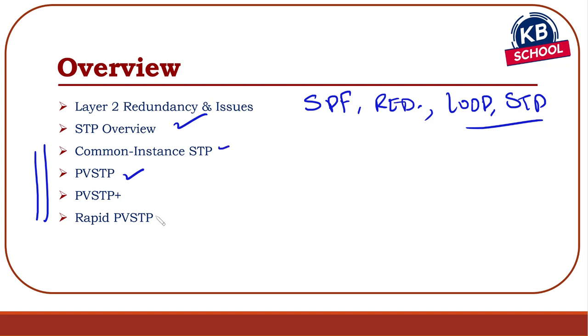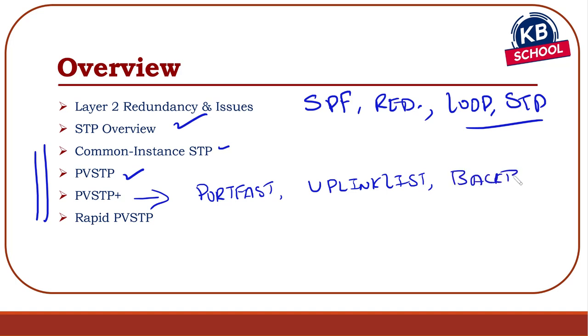Once this was in place, Cisco came in and said, let's enhance it for the edge ports, the end ports, by including a feature like PortFast. There are other features like UplinkFast and BackboneFast that give enhancements in terms of convergence time, which we'll take a look at in the CCNP switching class.